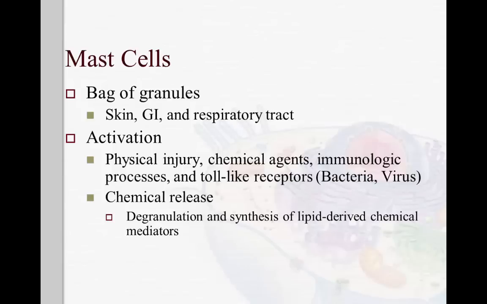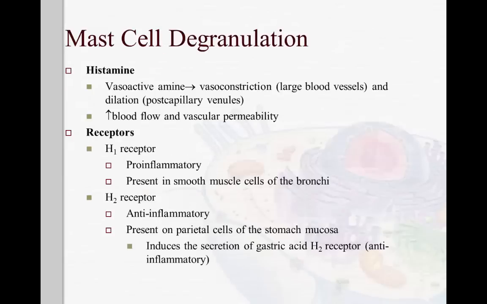So what do mastocytes release? Well, the first initial granule to become in contact with plasma will be histamine. And histamine is a vasoactive amine that produces, remember that the first initial response will be a brief vasoconstriction followed by vasodilation.